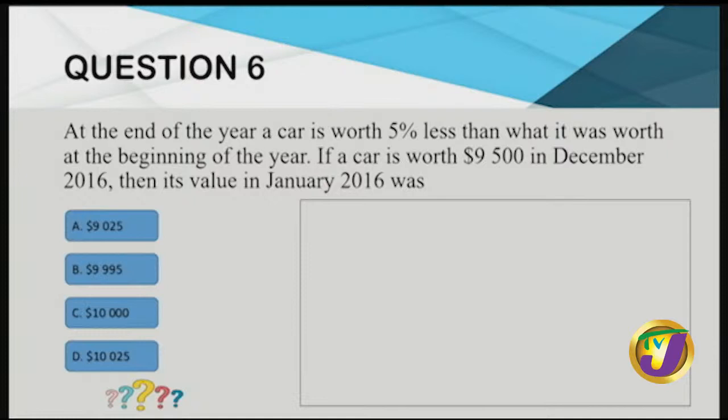So A would be automatically out, because it is less than 9,500, and we're looking at January. It should be more than 9,500.